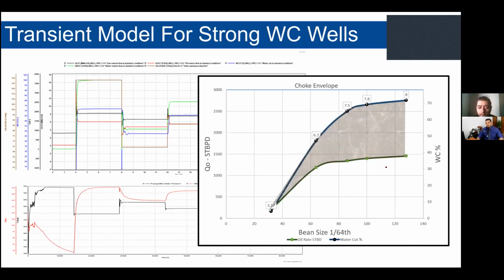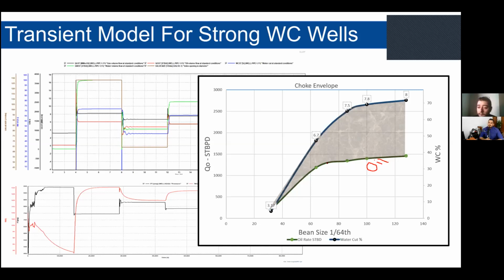This bottom green curve is the oil production, and the upper curve is the water cut, and the x-axis is the bean size. So you can see whenever I increase the bean size, I am getting more and more water cut, up to a point, for example almost 70, where you will have more water cut than oil.